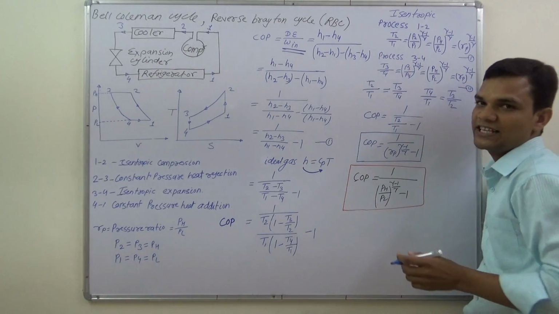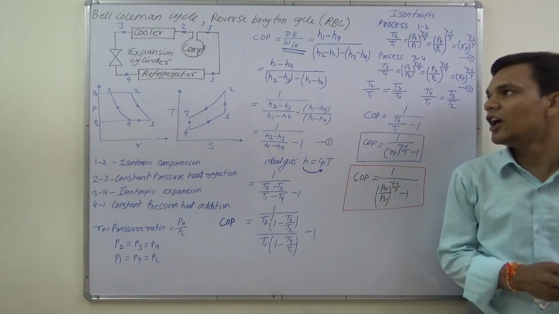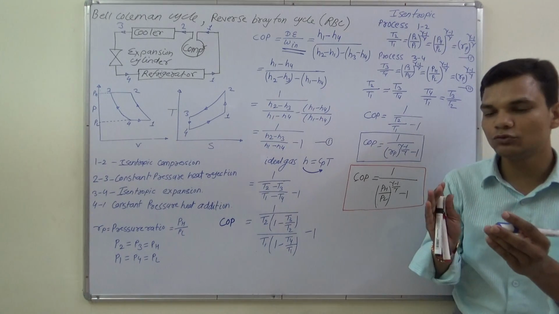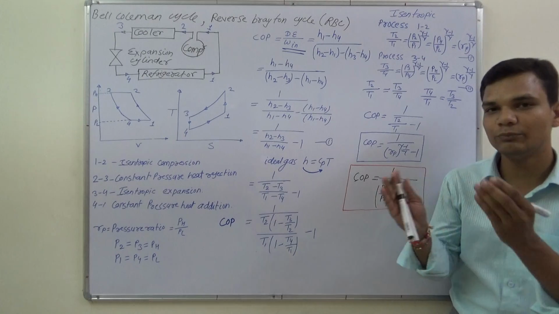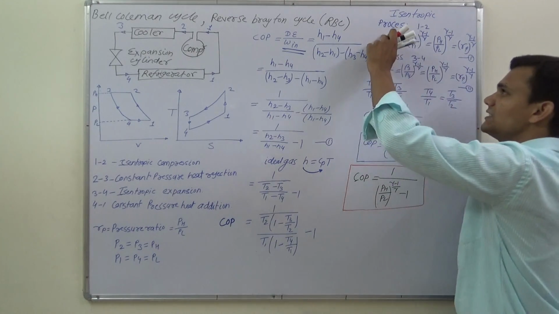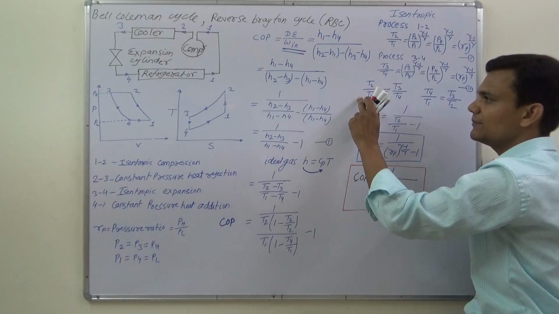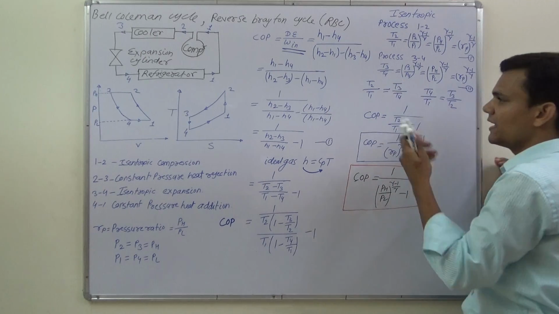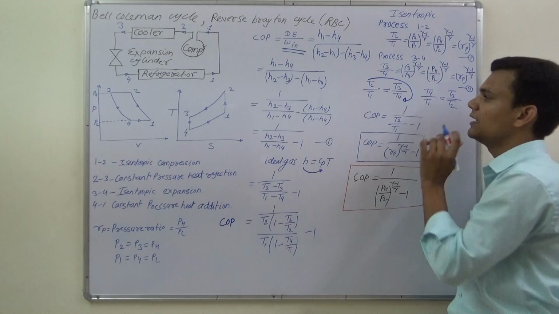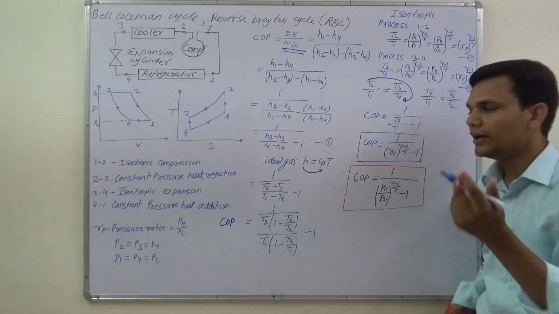As we know from thermodynamics, the zeroth law: if two temperatures are equal to a third, they are equal to each other. Like that we can write these two terms equal, T2 by T1 is equal to T3 by T4. If we rearrange this, the ratio will become T4 by T1 is equal to T3 by T2.